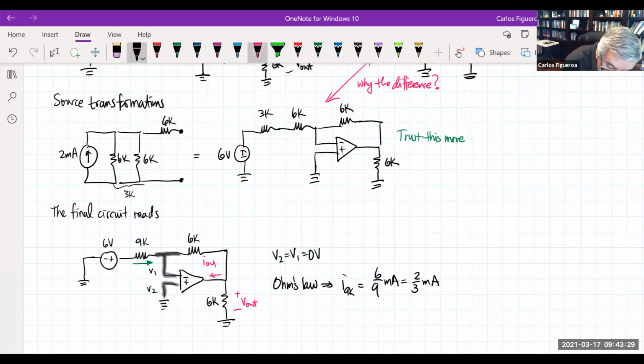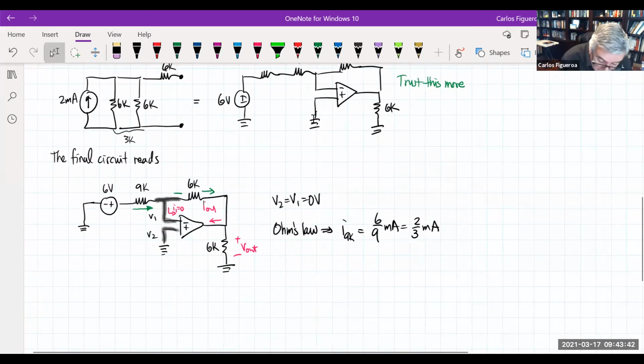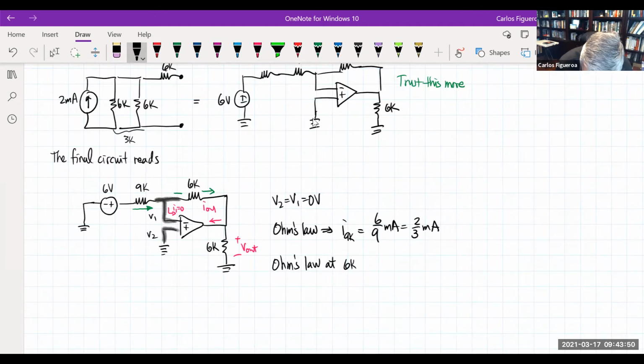But since there's no current going down here, that means that that green current continues to move through the 6K resistor. So again, I'm going to apply Ohm's law at the 6K resistor. And maybe I should have done this right here just to be a little bit more clear. Maybe I should say Ohm's law at the 9K resistor.